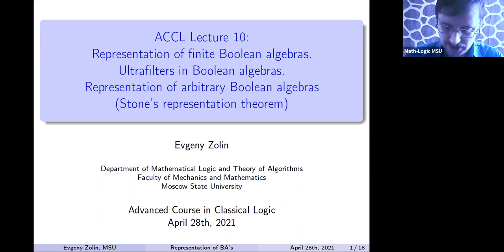In general, a representation means that an abstract structure, an abstract Boolean algebra, is isomorphic to some concrete set theoretic structure in which elements are sets or functions or subsets or relations, and operations are set theoretic operations on these objects, composition or intersection or union, not just an abstract binary operation on them, satisfying some axioms.